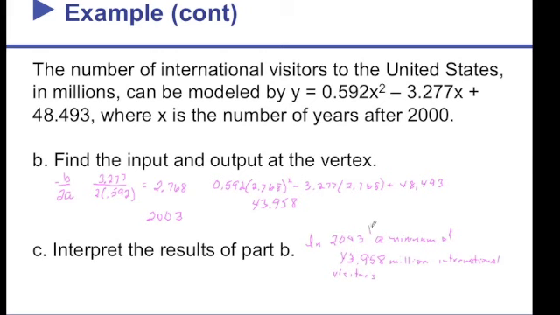I'm going to add in here, in 2003, there were a minimum of 43.958 million international visitors to the U.S.